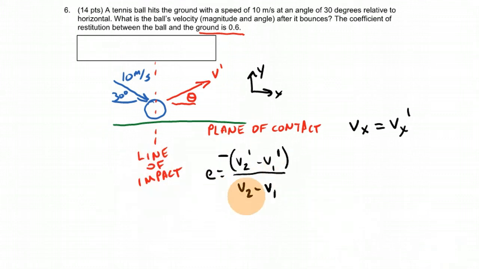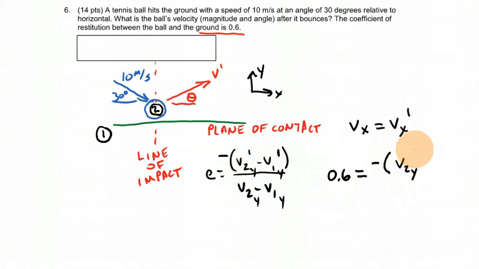This is the line of impact, so all these would be y's in our two-dimensional case. So from this we can say that 0.6 is equal to negative. Let's call object 1 the ground and object 2 the ball. The ball's y velocity after impact is what we're trying to find. The velocity of the ground after impact is 0.